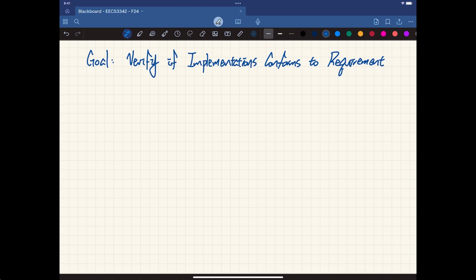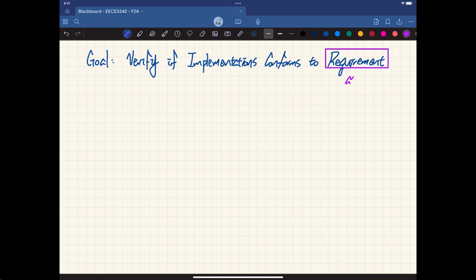And remember, we talked about requirements should be complete, it should be unambiguous, it should be non-contradictory. Let's assume that's the case. Let's say you already have done that requirements elicitation. Let's assume. Just for now.